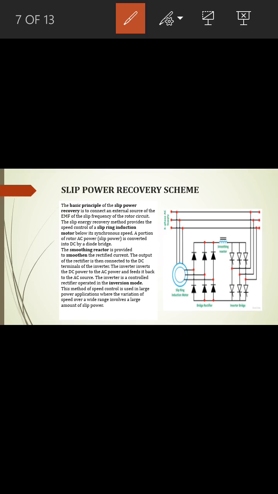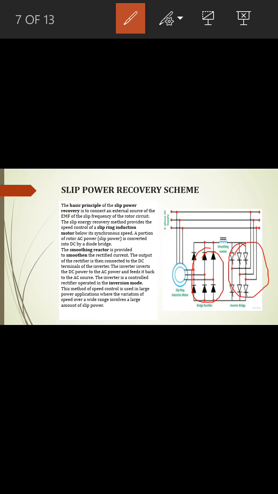A portion of rotor AC power, that is slip power, is converted into DC by the diode bridge. The smoothing reactor is provided to smoothen the rectified current. The output of the rectifier is then connected to the DC terminals of the inverter.